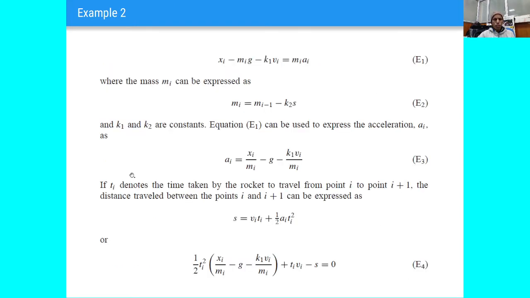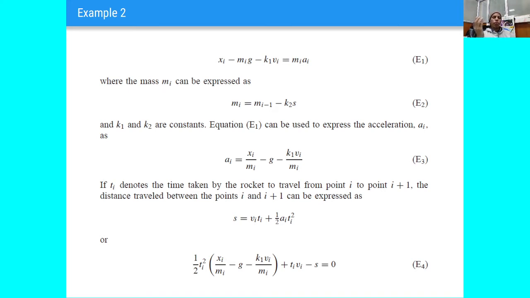For the generalized form, we are denoting it as Ti, the time taken between two control points, that is, from i to i plus 1.